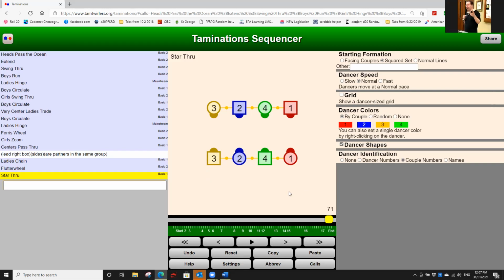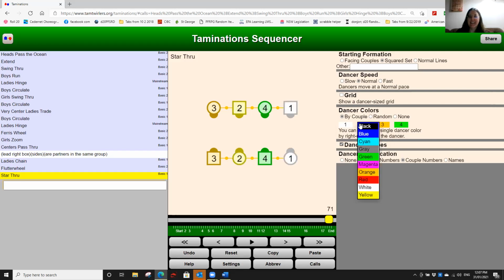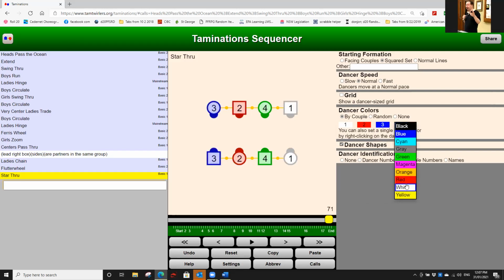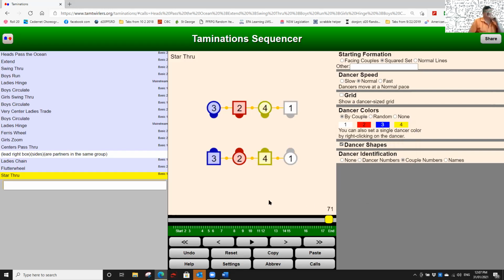Don't ask me what the colors are, but I can see the numbers here. Mel, what color is the collar? I don't think you're allowed to ask that. That's politically incorrect. How about we just do this? I think Don Beck did a session on that today or something. Yes, he did. How about we just leave the numbers up? Make it easy.